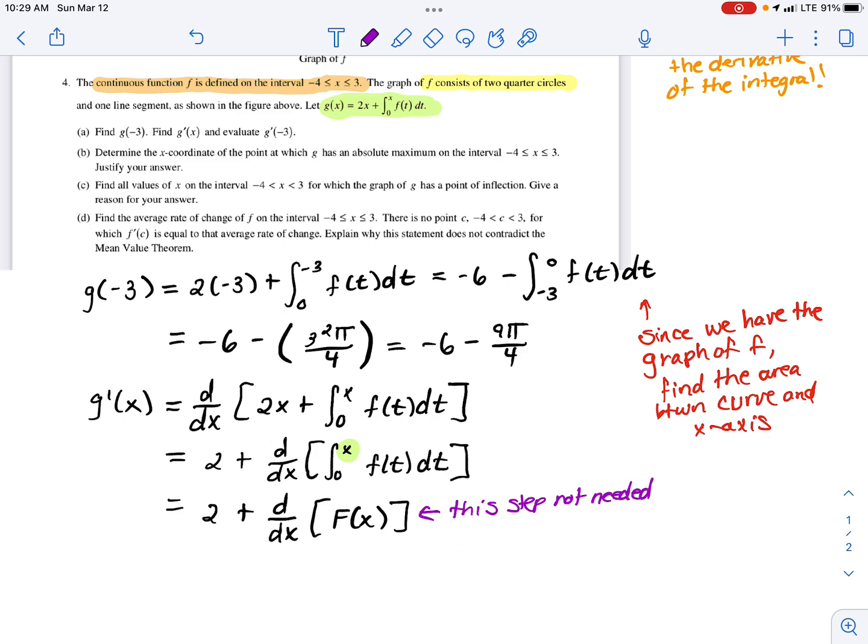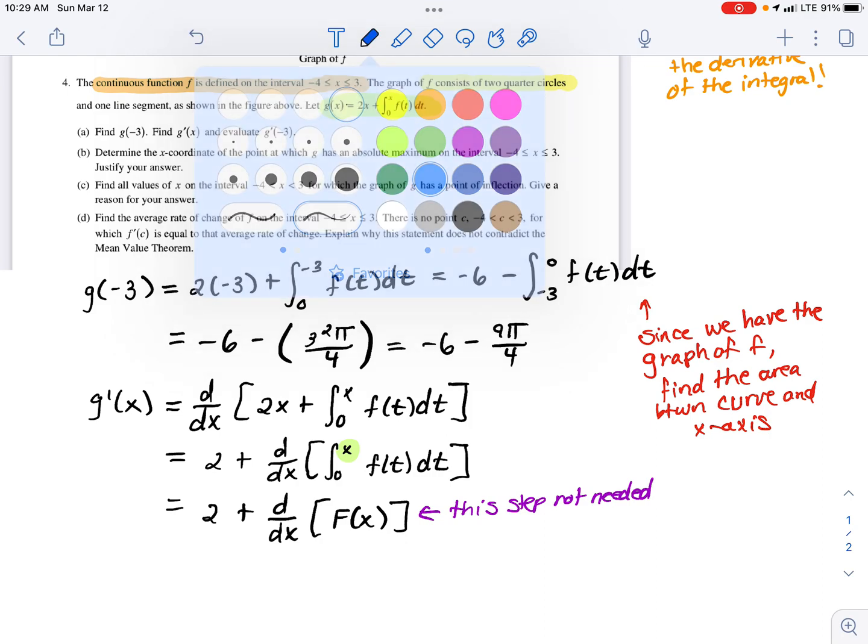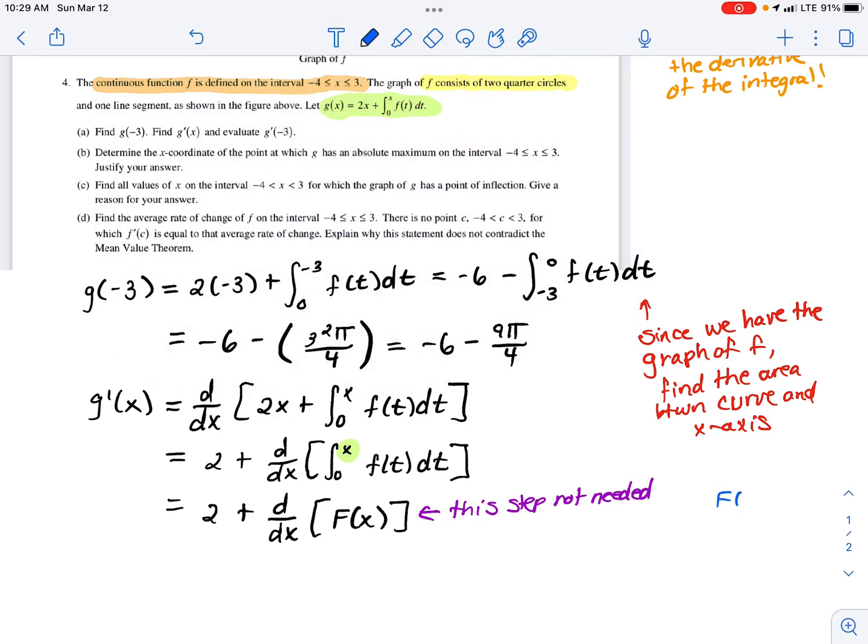Okay, because generally speaking, you're going to do this in your head, but this is just me explaining to you that if I have big F, little f, f prime, and I'm finding the derivative of big F, I'm going to be back at little f. So that's what I'm doing right here.